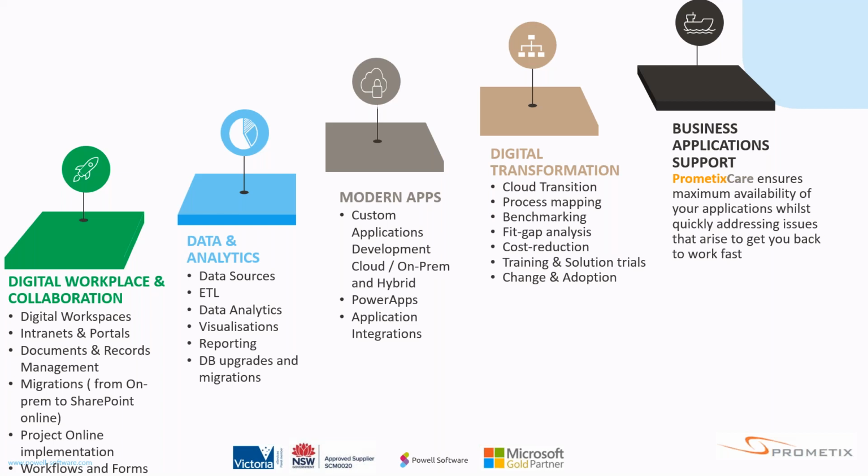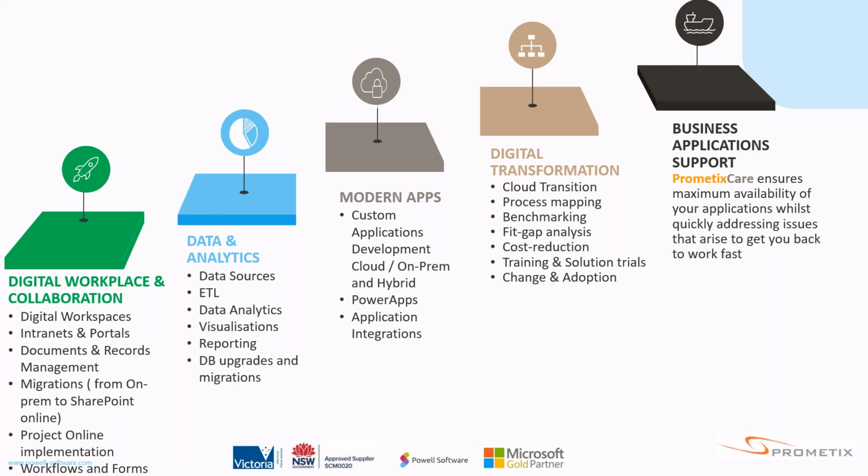Then our next sector is data analytics. We are big on that. We bring across data from different systems using an ETL method and pump that into a visual engine like Power BI and any other Power tools that you would like to see.